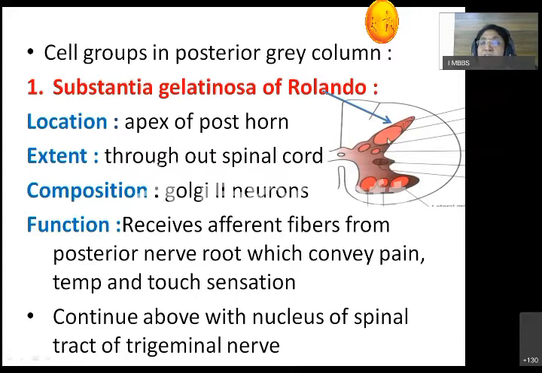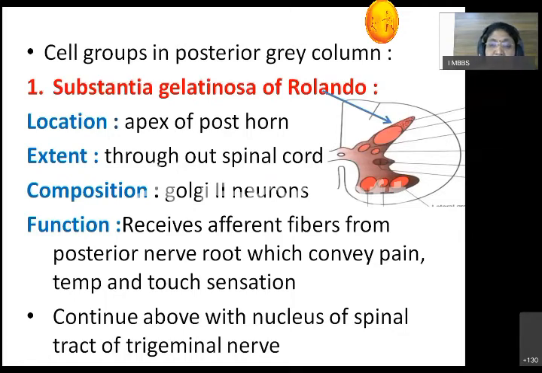Now this substantia gelatinosa of Rolando is present at the apex of the posterior horn, and it extends throughout the spinal cord, and it is made up of Golgi type II neurons. The main function of substantia gelatinosa is to receive the afferent fibers from the posterior nerve root, and it conveys pain, temperature and touch sensation.